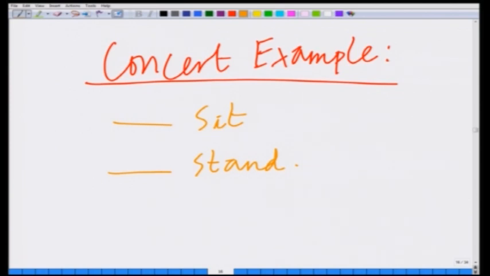If everyone is sitting, then your best response is to stand, so that you get a better view or a clear view of the concert or the performance. And even if everyone is standing, it is all the more important for one to stand, so that he gets a better view of the performance. So irrespective of what the other people are doing, sitting or standing, the best response tends to be to stand, so that you can get a better view and therefore get the most out of the concert.